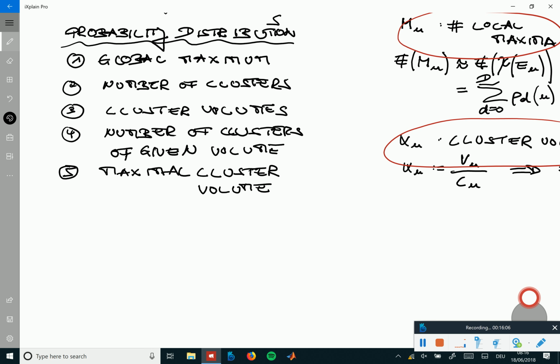So we have to basically work over these 1, 2, 5. So, first, distribution of the global maximum.